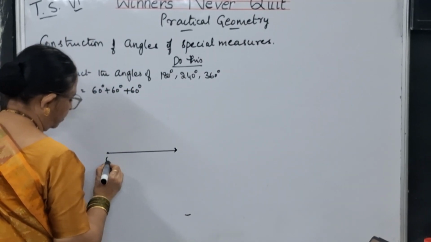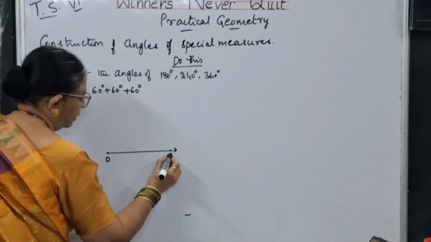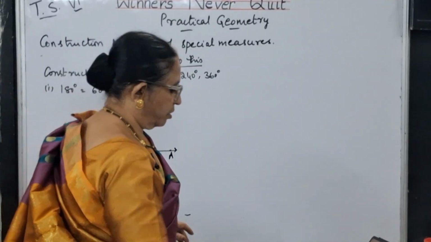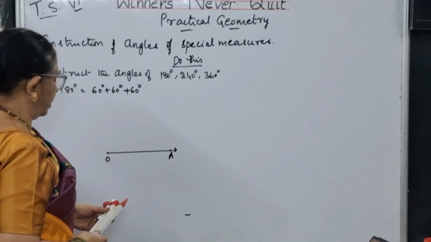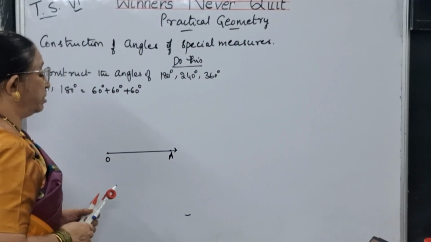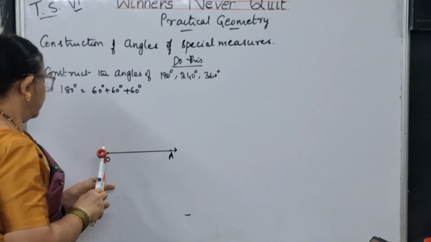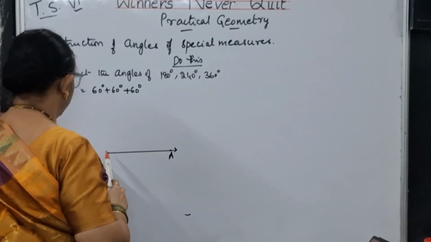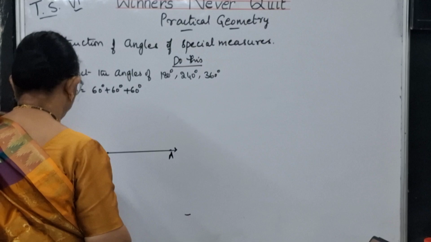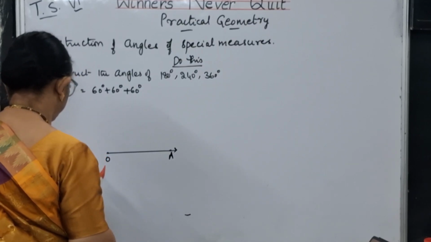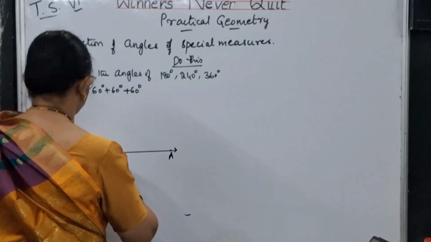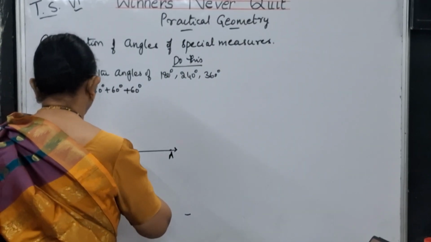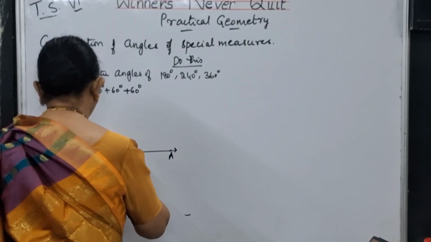Let me take O and A. So here how many times 60 degrees are you drawing? 3 times we need. That means 3 arcs I should get. So first what I should do? I should get an arc which can be useful to draw 3 times 60.